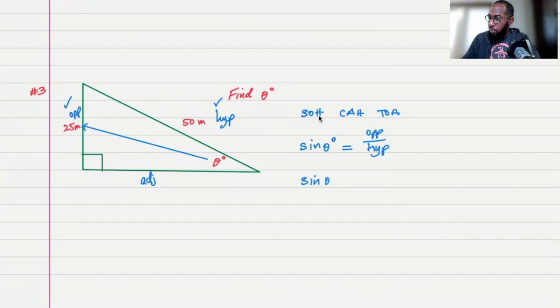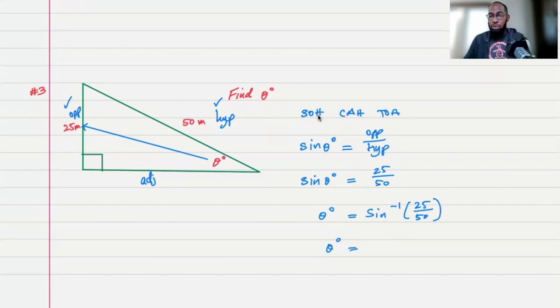Substitute. Opposite is 25, hypotenuse is 50. Theta degrees is equal to sine inverse 25 over 50.